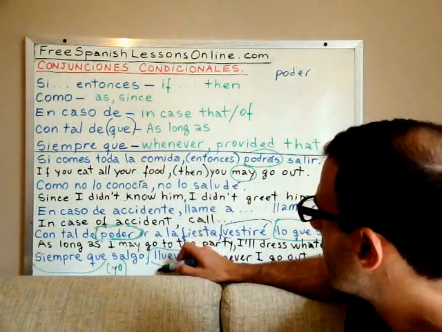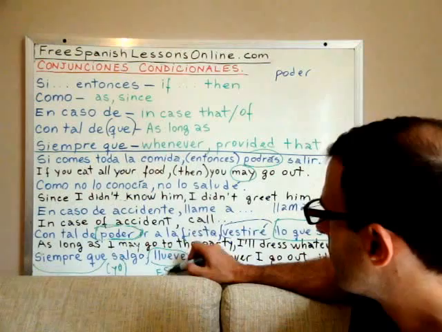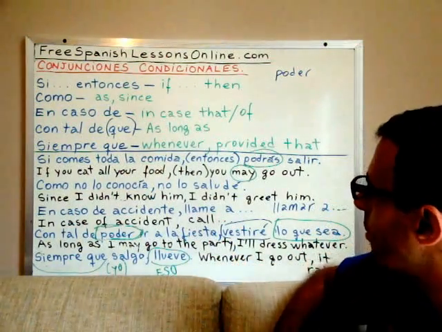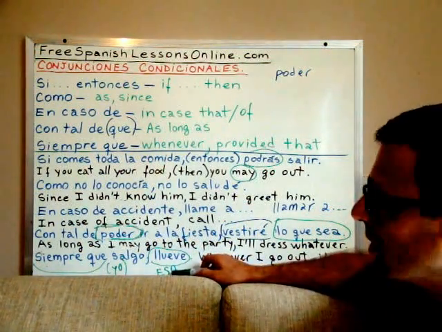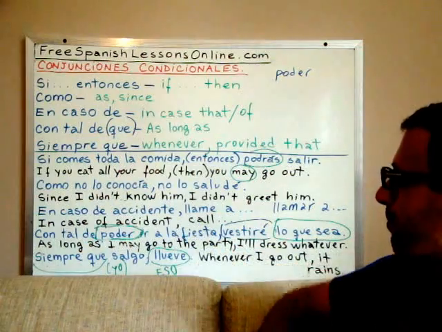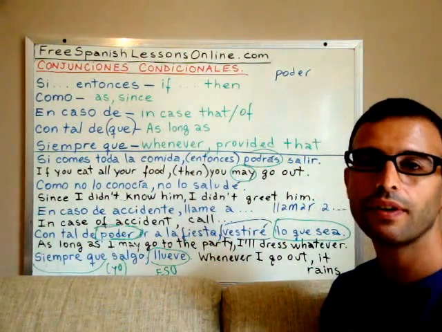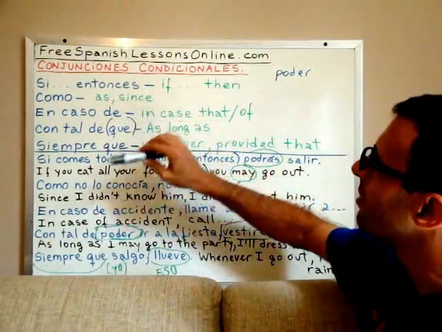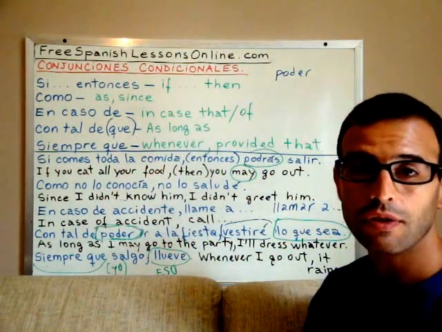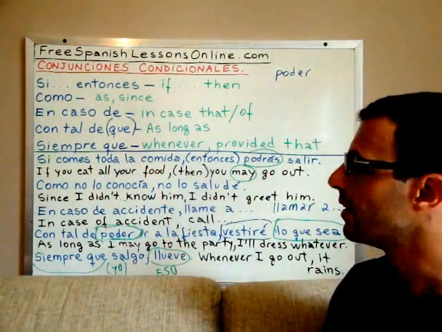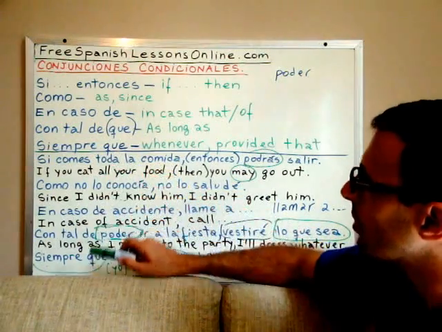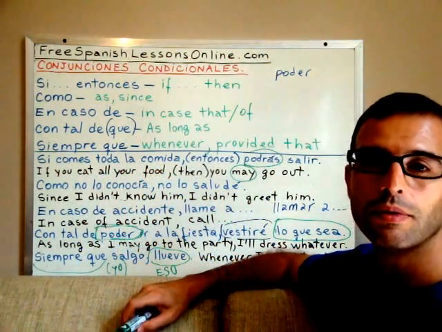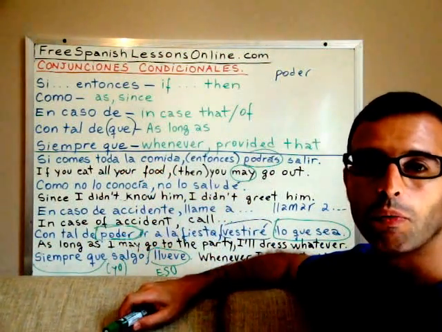Here would be eso, right? However, we totally omit it. We just say llueve. So this is all for today. These are the 5 conditional conjunctions in Spanish, and I hope that these sentences have helped to register the word.